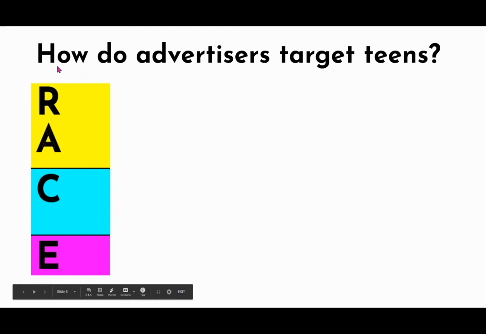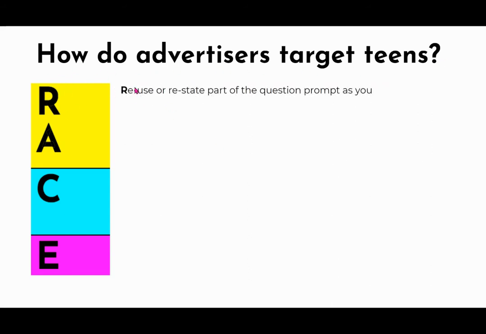So remember, our guiding question in this unit is how do advertisers target teens? If we were to write a RACE paragraph answering that question, R stands for reusing or restating part of the question prompt, and A stands for answering the question. So we would want to start by actually trying to restate this prompt and then straight up answering the question.